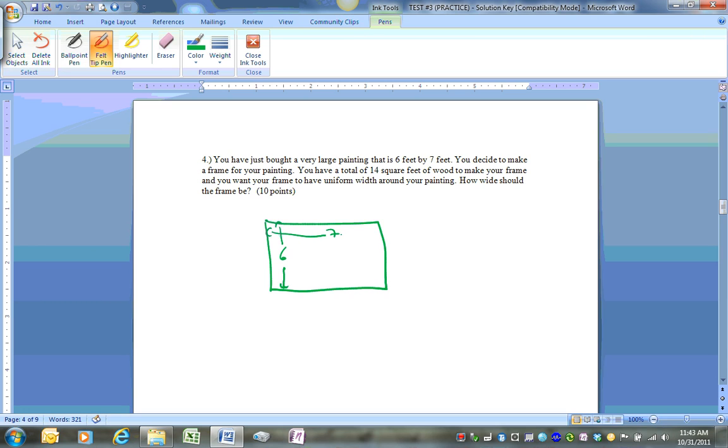Here's the border that goes around it. x, x, because you're told it's a uniform width, right? x, x.